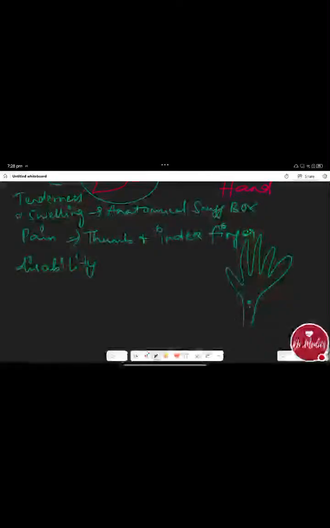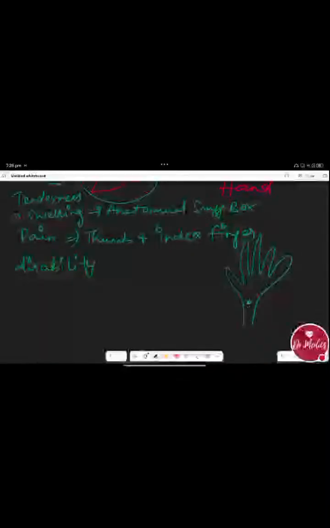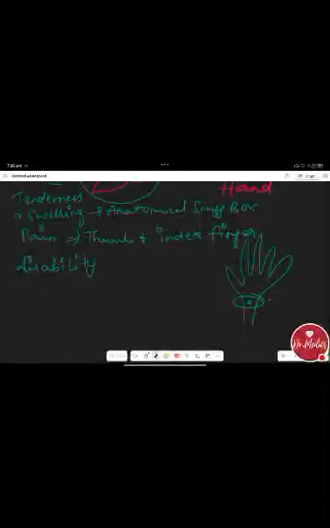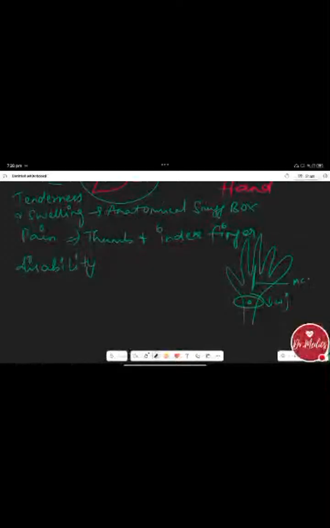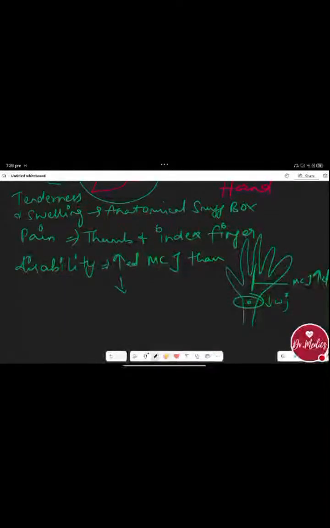But in this case, the scaphoid fracture happens in the wrist, but there is comparatively lesser disability in the wrist joint than the mid-carpal joint.